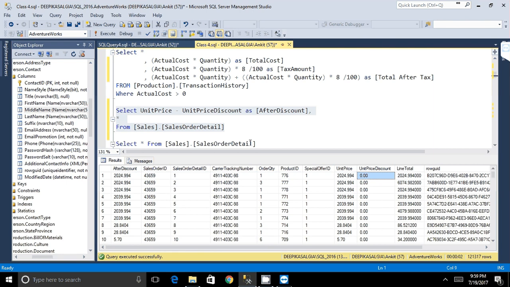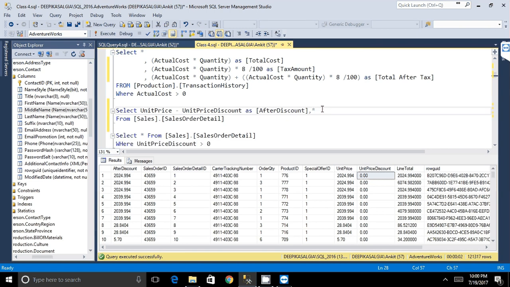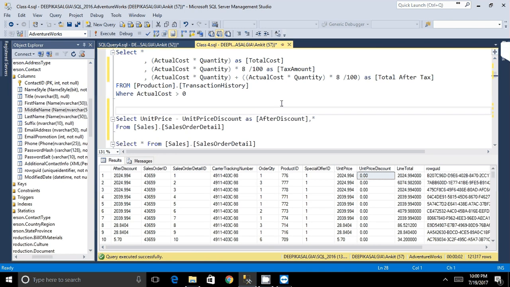Now if you have no discount, you don't want to see those rows. So let's say from this table you only want to get those transactions where you gave the discount. What would you do? You don't want to see the transactions where the discount wasn't given. I only want to see the discounted transactions.